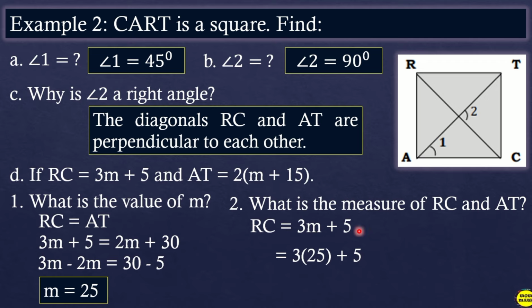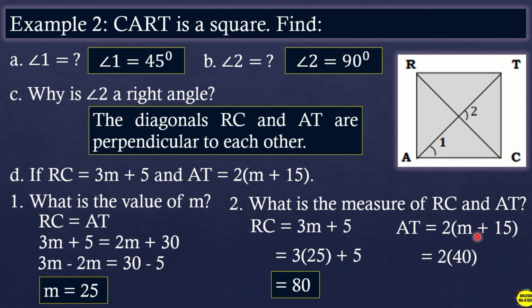So 75 plus 5, the answer is 80. So 80 naman, that is 2 times the quantity of M plus 15. Substitute natin yung 25 dito kay M natin. So 25 plus 15, that is 40. 40 times 2, that is 80. So makikita natin na yung diagonal RC natin at diagonal AT natin are equal.